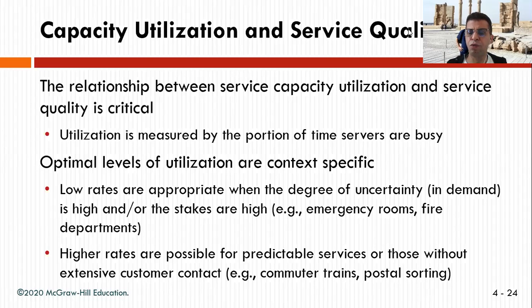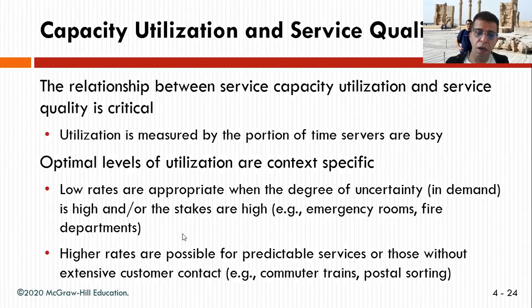But if you wait a lot, they are not effective. If they have lots of people, then they are not doing good capacity utilization. But if they have the exact number for providing the service, they're doing very good capacity utilization.